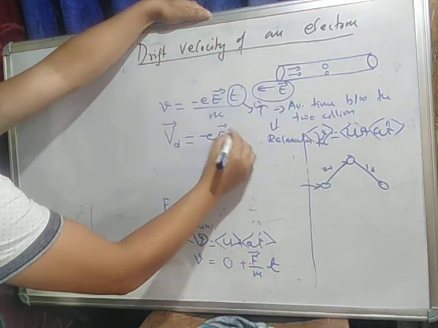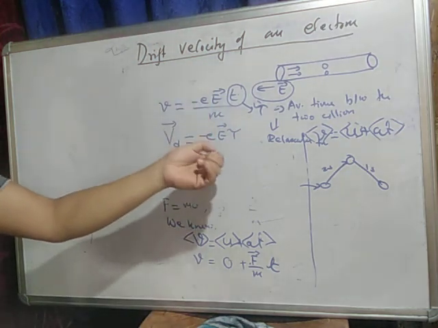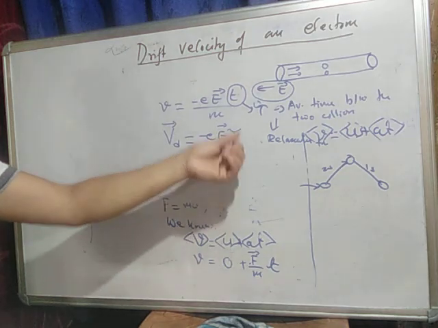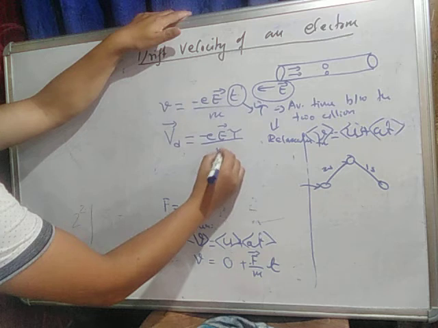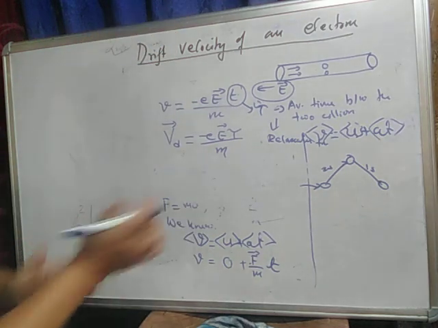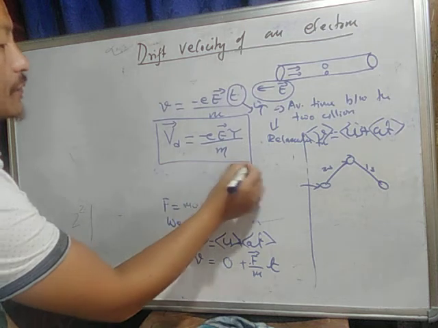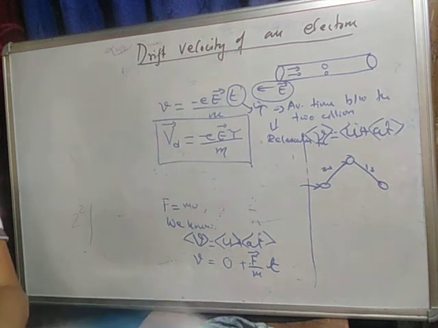So tau, what is tau? Tau is the time between two collisions, and it is also called relaxation time. So divided by m. So this is your drift velocity, expression for drift velocity. Clear? Hope you understood.